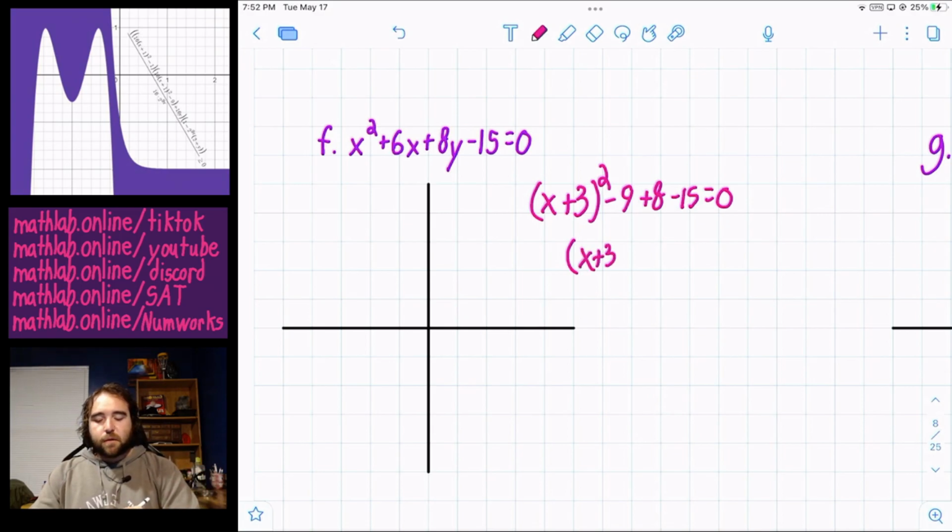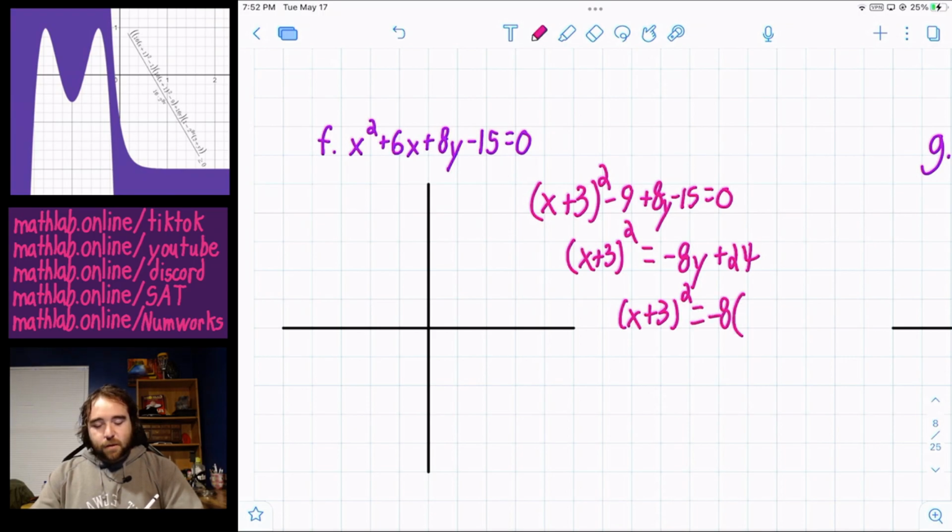That's not the squared thing. So (x plus 3) squared equals, don't forget the y, negative 8y plus 24. So negative 8y minus 3. So that's (3, -3).